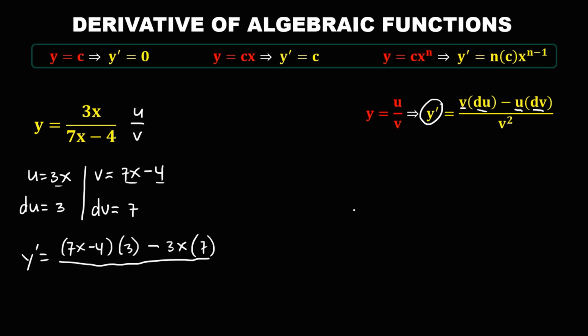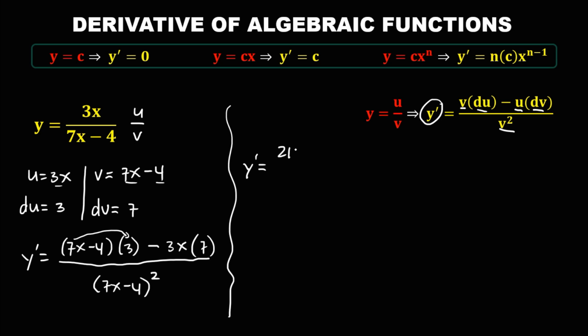Then all over v squared. So we have 7x minus 4 to the power 2. Then simplify, so we have y prime equals this 7x times 3, that's 21x.